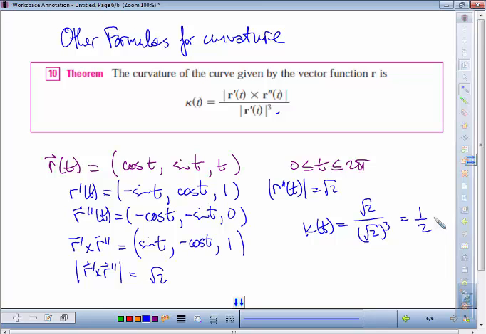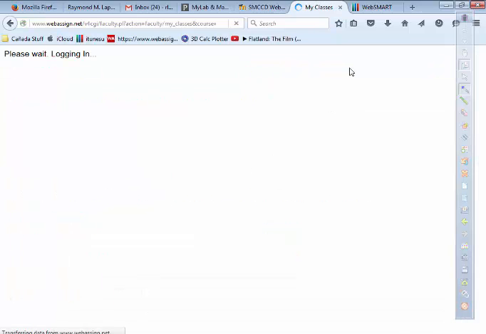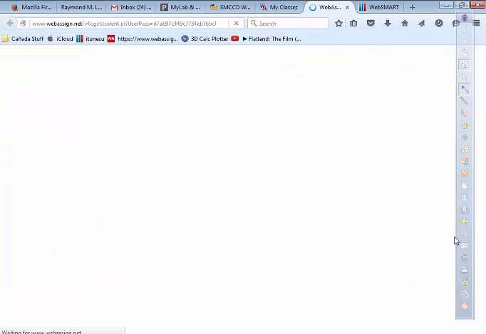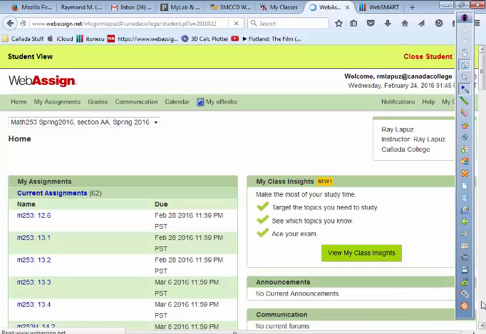It might be worth looking at the curvature of something else aside from a helix. So maybe we could take a look at a homework problem in 13.3.